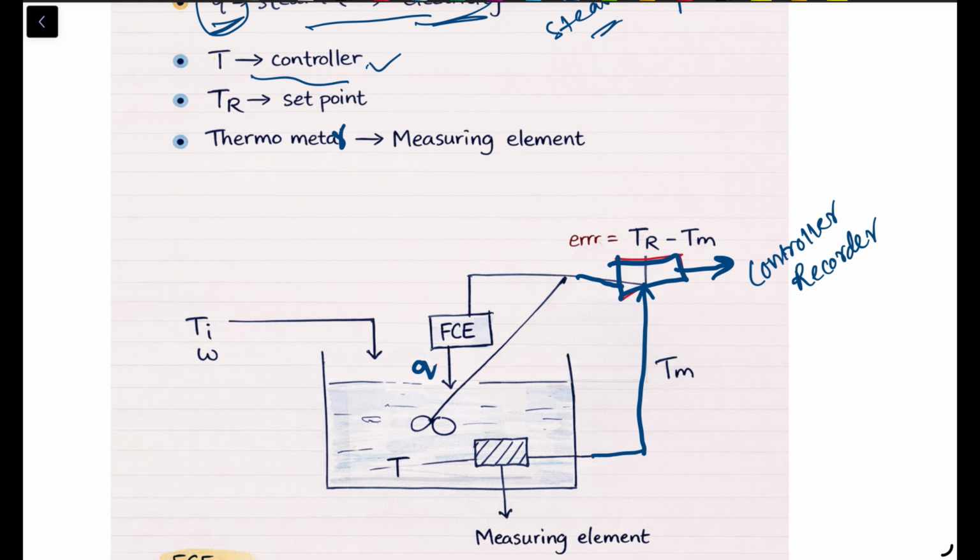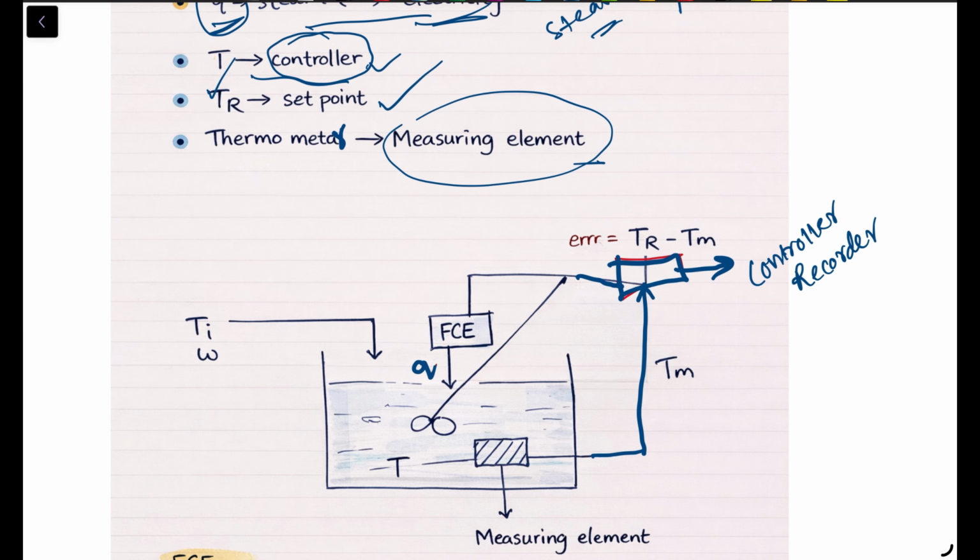The controller continuously monitors the temperature and compares it with the desired value. That is the objective of the controller. The set point is represented by TR. This is the desired temperature of the reactor. The controller always tries to maintain the reactor temperature equal to the set point value. That is its job.